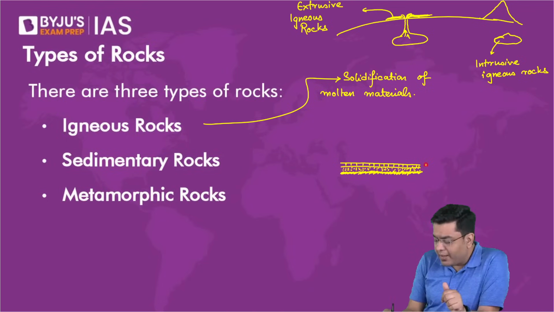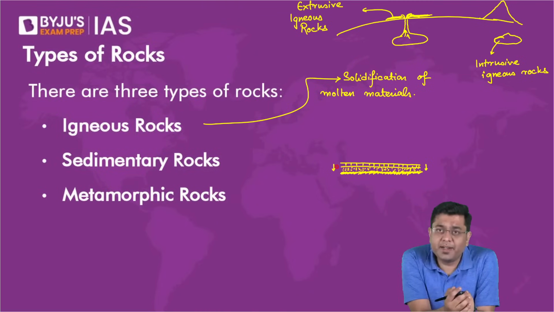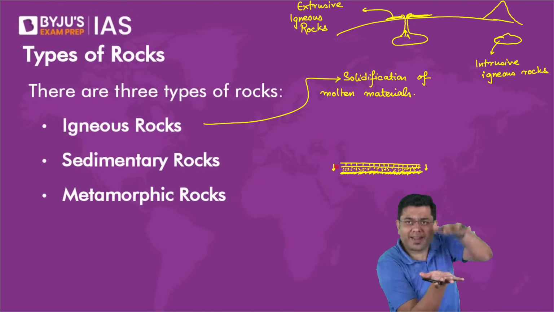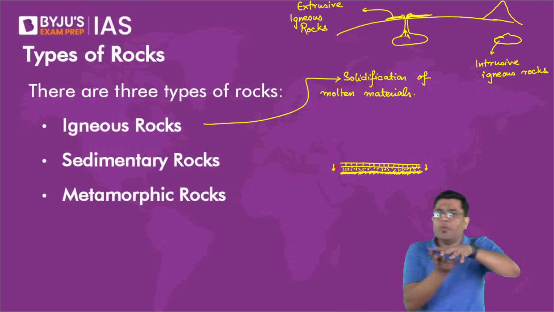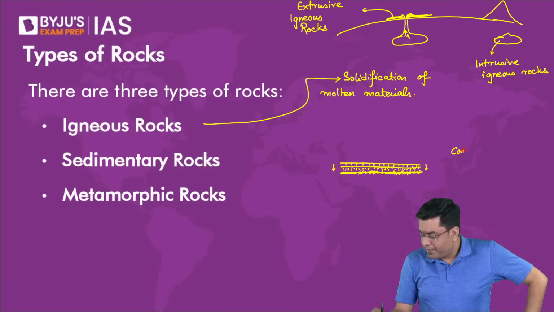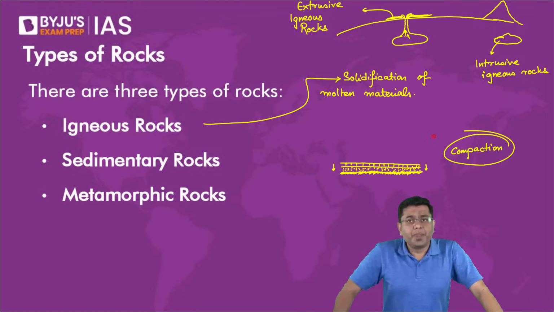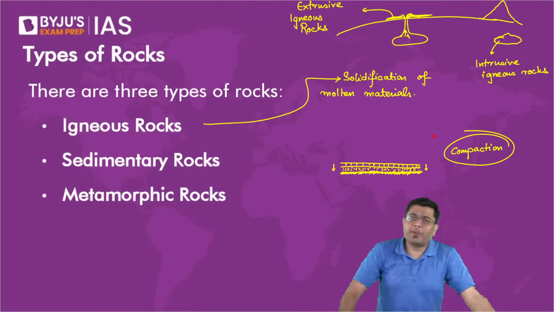Now, the top layer will exert its weight over the bottom layers, isn't it? It will always exert a weight. It will add on to that compressional force, what is also referred to as compaction. There will be a significant amount of compaction.